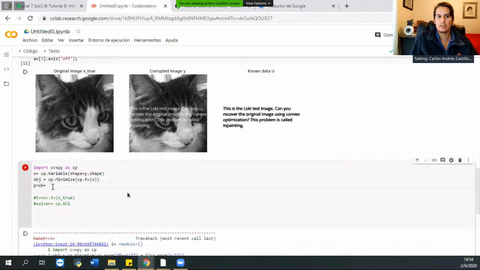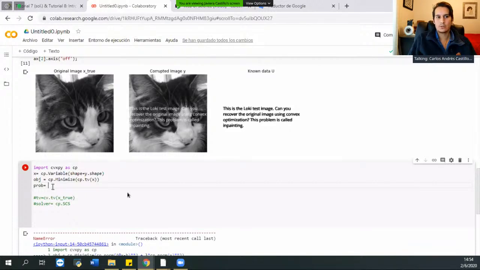Basically what you're telling there is to create a variable that has the shape of an image. And in the second line, you're trying to minimize the total variation of that image. And in the third line, you're trying to define the problem. And the problem has two parts: the objective function and the constraints.